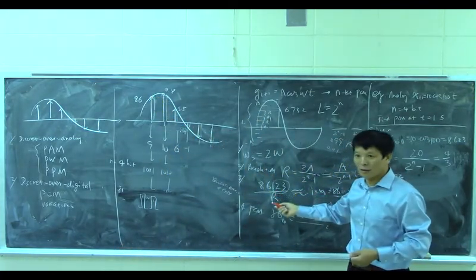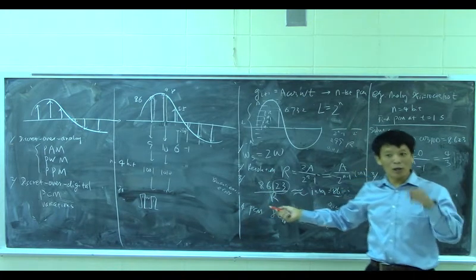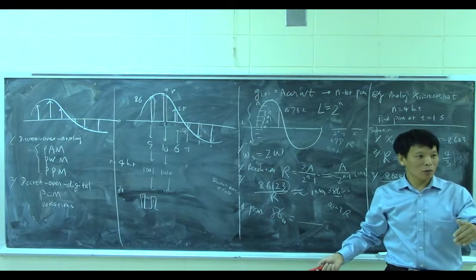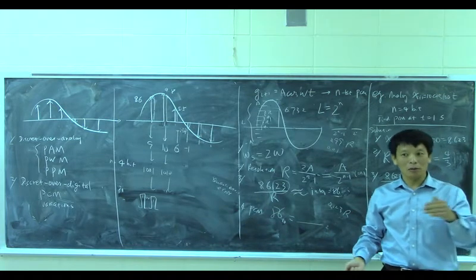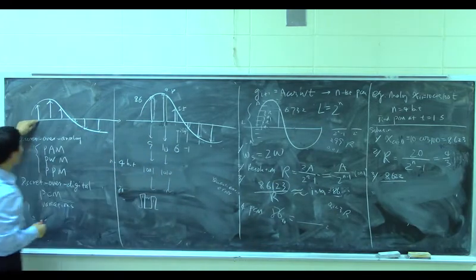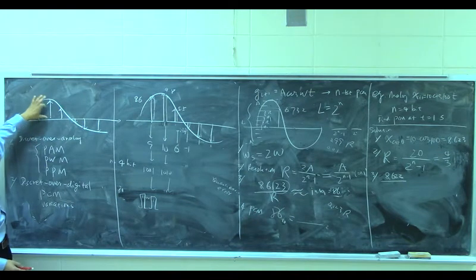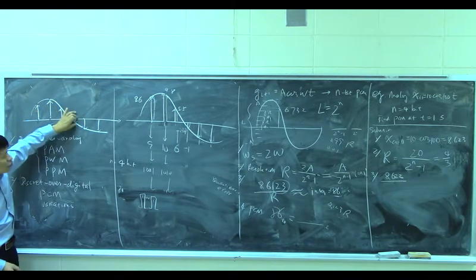For formula purposes, that is the discrete value that we want to convert into PCM. For example, here, once you sample this one, you can convert it into PCM. So you need to use this value. Then for this one, you need to use this value, and this value, this value, this value.